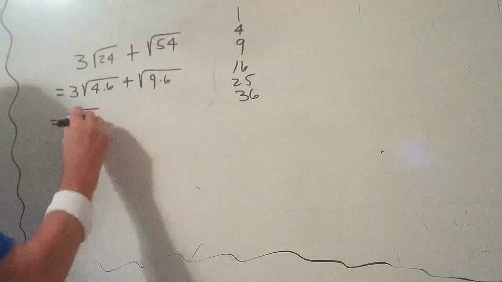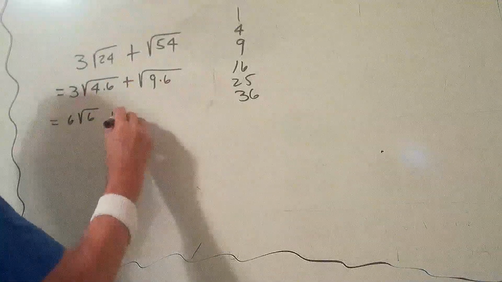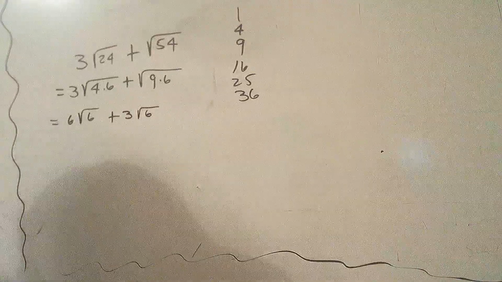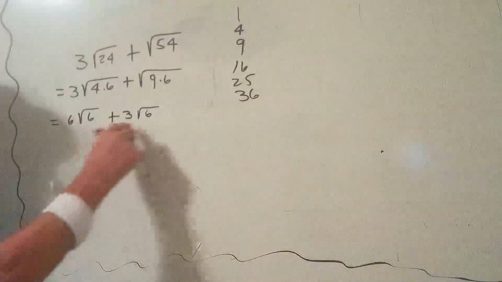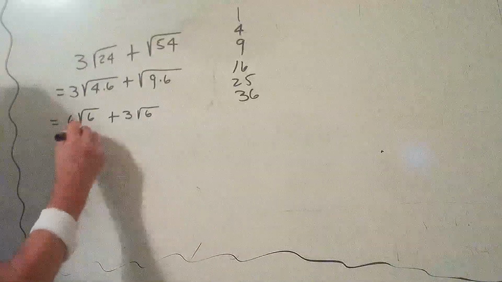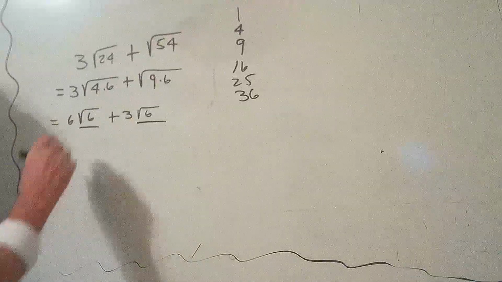So 6 times the square root of 6, plus the square root of 9 is 3, times the square root of 6. Now, can we combine these two terms? Yes. The numbers under the radical are the same. They're both 6. And the index is the same. They're both 2's.